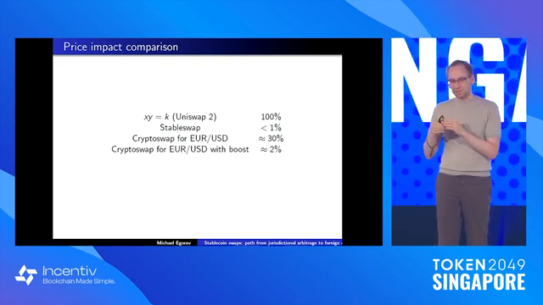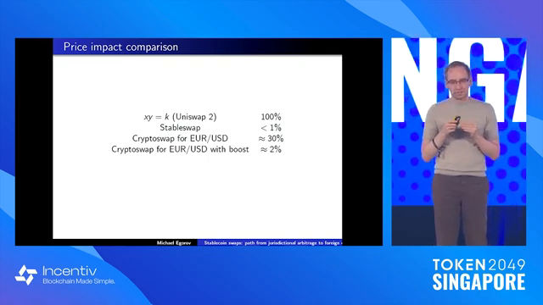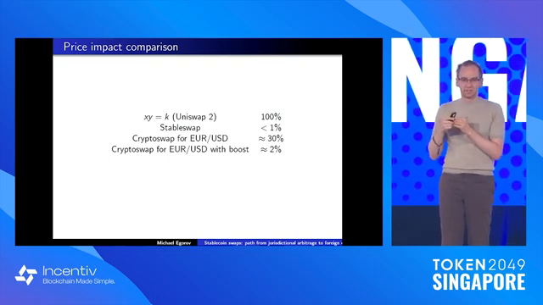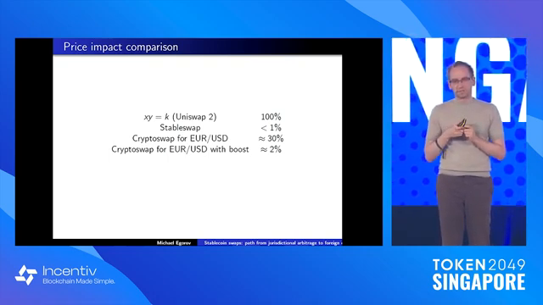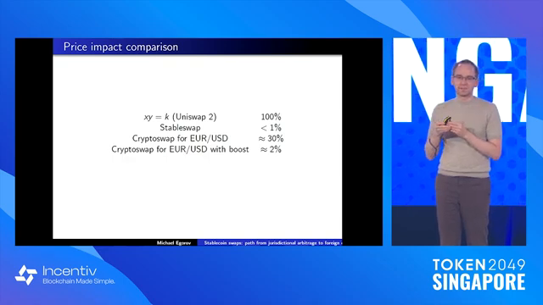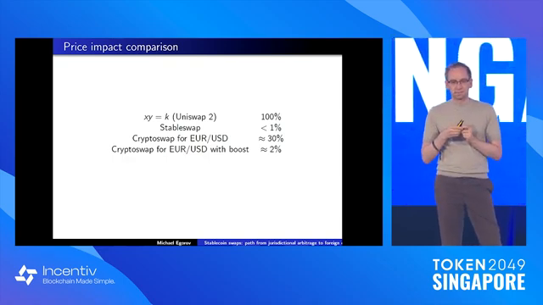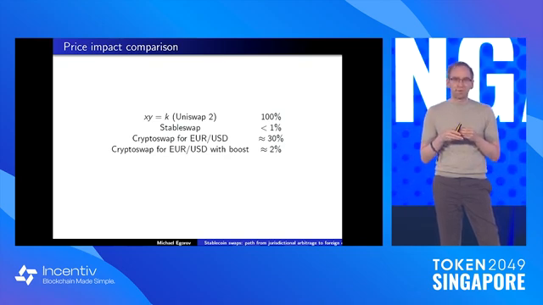The stable swap invariant to swap between two coins of the same denomination gives a price impact of less than 1%. And if you just apply a crypto swap for Euro to USD swaps, on average it's not working very well.